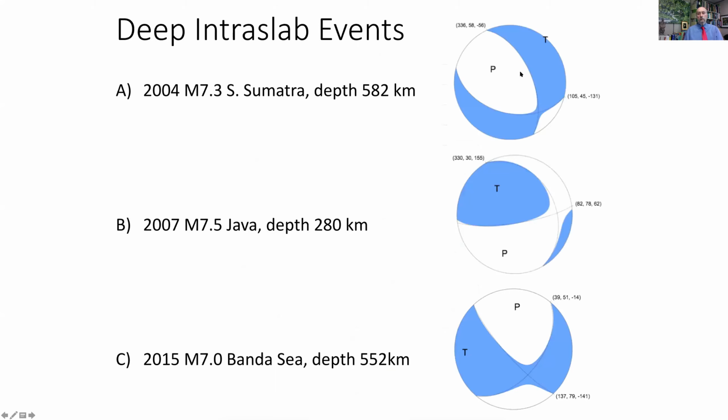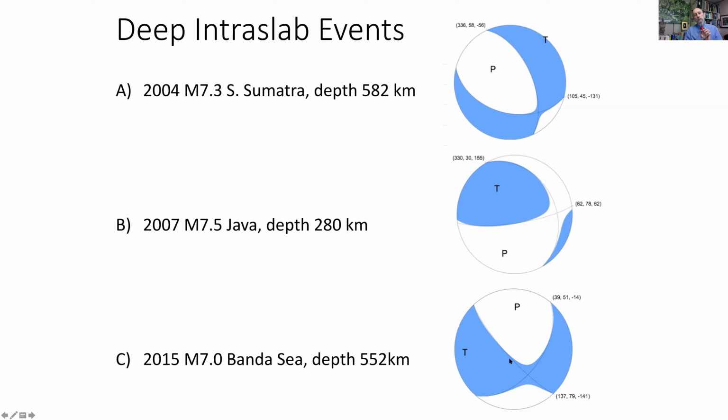Here's a normal faulting event beneath Sumatra from the 7.3 in 2004, strong normal faulting. Here, thrust faulting at a depth of 220 for the earthquake in 2007 beneath Java. And here we again get normal faulting with a strike-slip component beneath the Banda Sea.